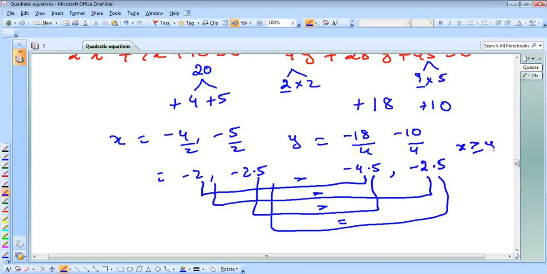X greater than or equal to y. So here friends, we will discuss some more questions.